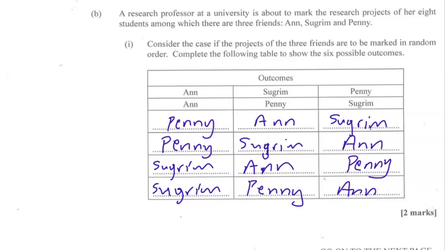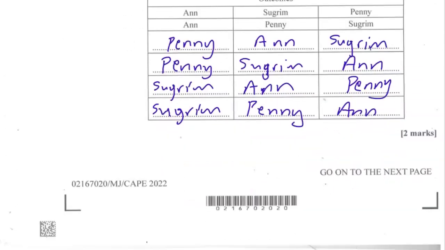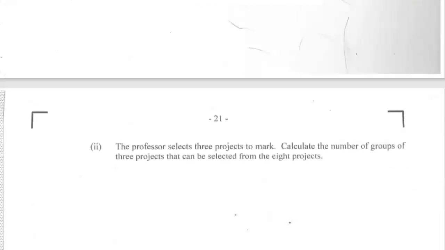Alright, so those are the possible outcomes. Should be 6 of them, 6 possible arrangements there. Alright, the professor selects 3 projects to mark.